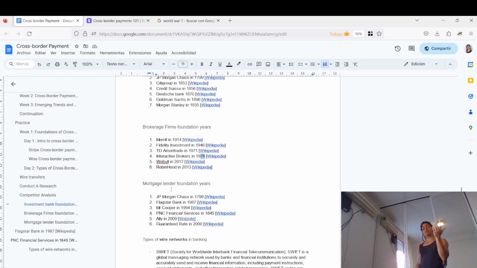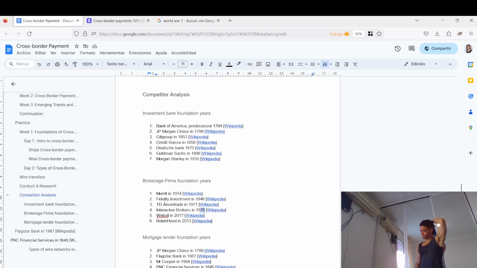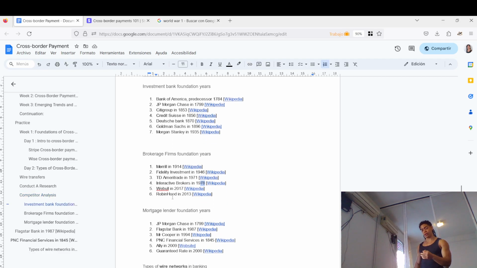Another financial institution is mortgage lenders. JP Morgan, Flagstar Bank. The subtle difference between an investment bank and a mortgage lender is their ability to provide funds and loans with a little bit higher interest rates.